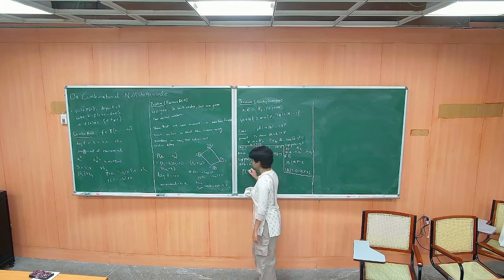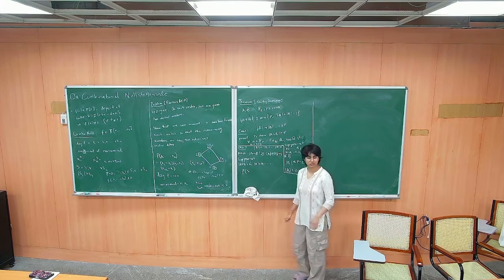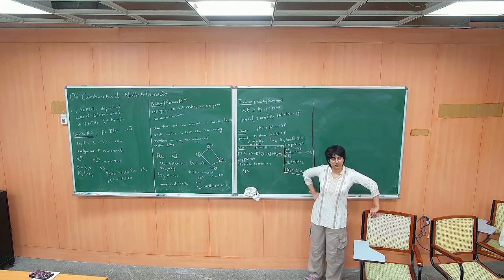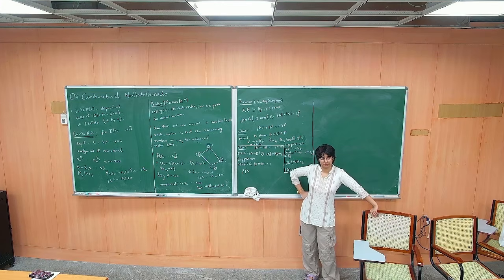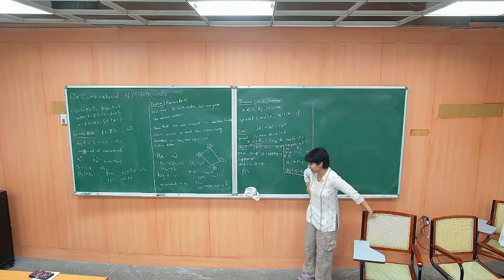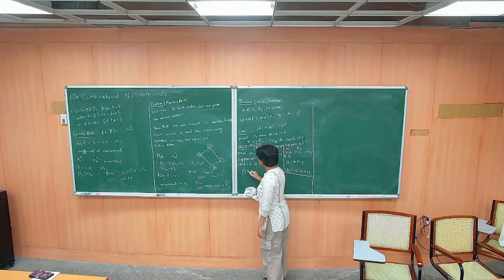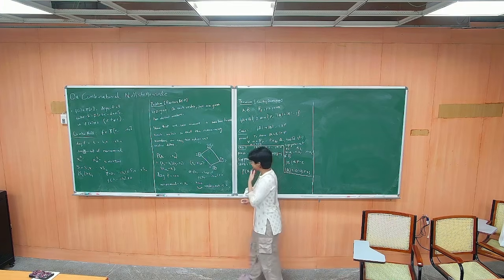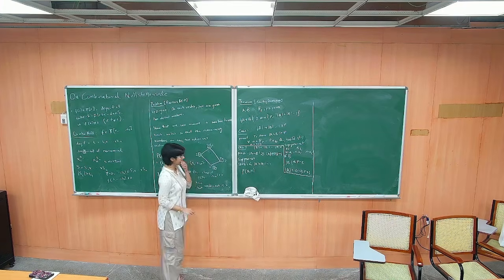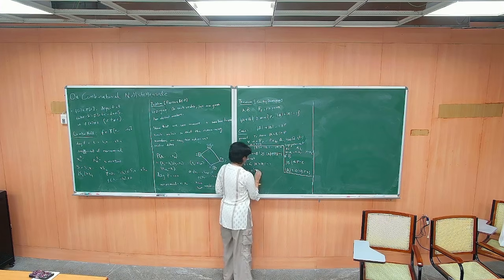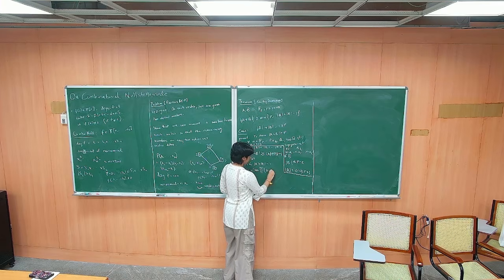Can we take the polynomial where it's a product of x plus y minus s, where s belongs to A plus B? That was the one which I was going for.